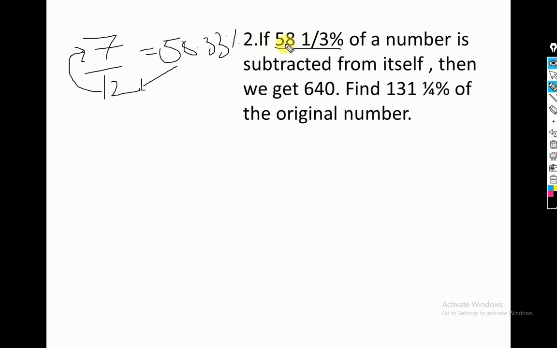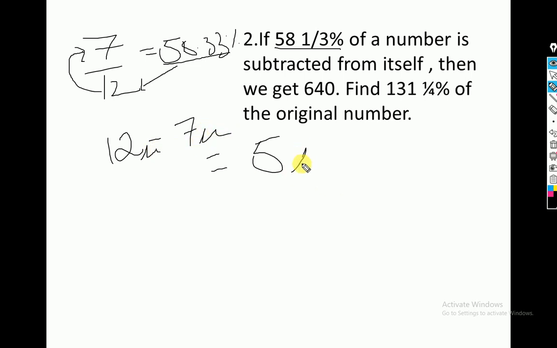Now it says this 58.33% of a number is subtracted from itself. So 58.33% of 12 is 7, and 7 is subtracted from 12. So we get 5.